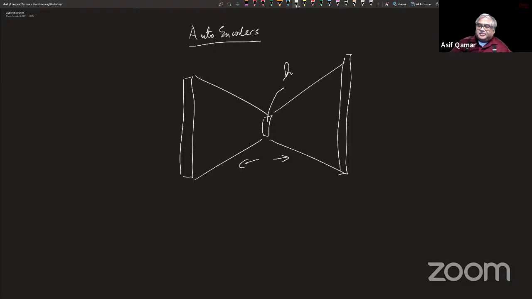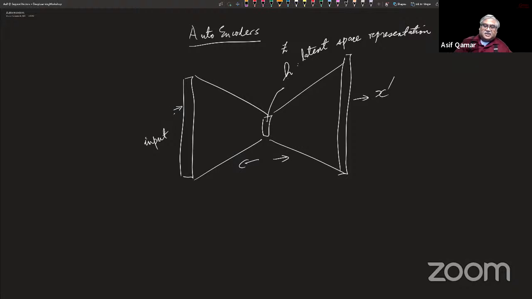This is the hidden representation. People often write it as H or Z or something like that. This is the latent space representation. And this is your input goes in, and X prime comes out.